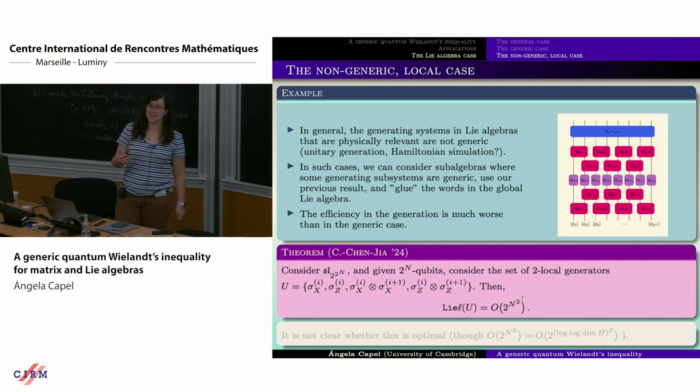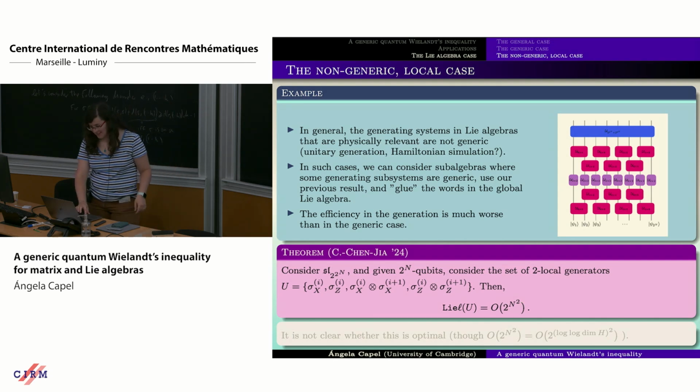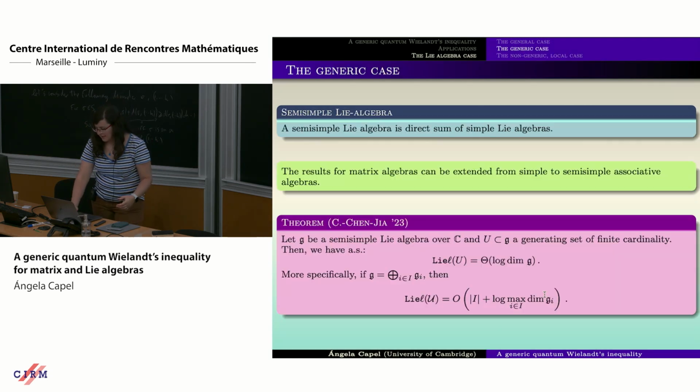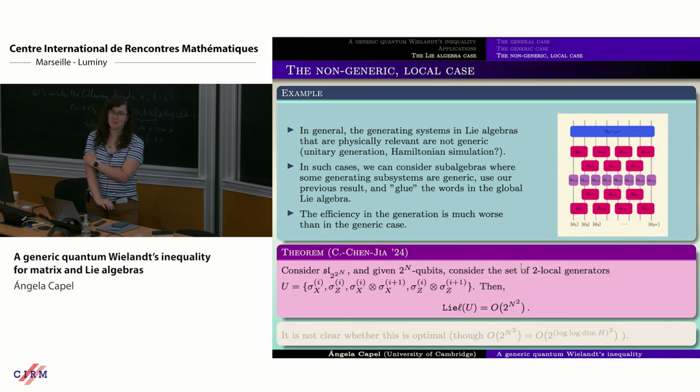And now if you think about what I was showing you before, you could think, okay, this is really terrible. Because each of these terms here is something that should be considered as in the generic case as before. And for each of them, we had something that was of order log of the dimension. So in principle, patching all these things, you would expect that you get something that is more or less good. But actually, that's not the case. You get something that is pretty bad. So it's 2 to the n squared.